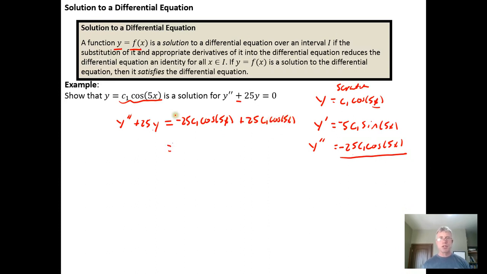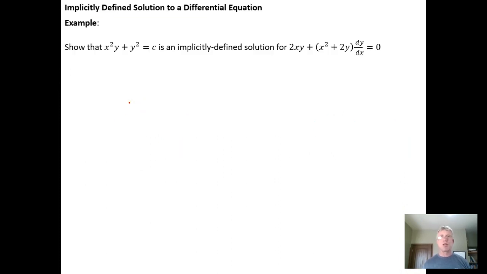And if this is a solution, this should evaluate to 0, which it does. Negative 25 c sub 1 cosine of 5x plus 25 c sub 1 cosine of 5x equals 0. And we know that if we plug in a solution, we should generate a 0 based on the original differential equation. So that verifies that this is indeed a solution to this differential equation.